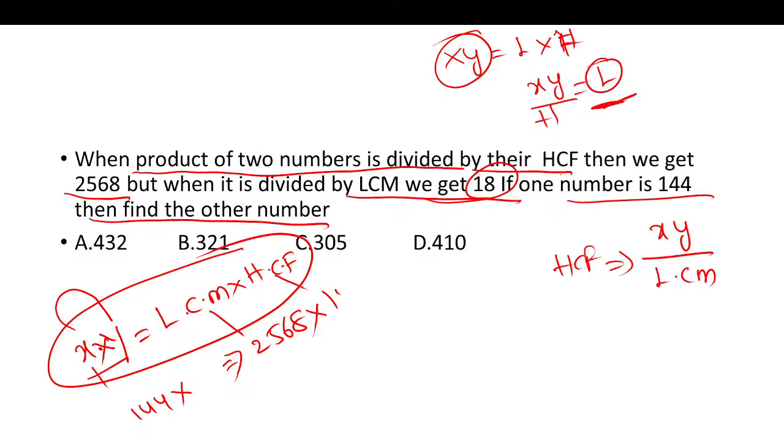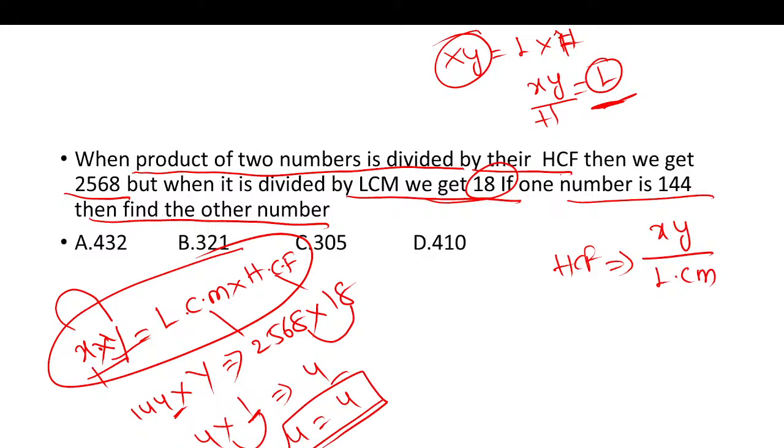So HCF value is 18. You have to identify the second number. Okay, 8 into 8 is 64, the last digit is 4. Here also you have to get last digit 4 only. And what should be the last digit here? 1, because 4 into 1 is 4. Right side, left side, last digits are same.